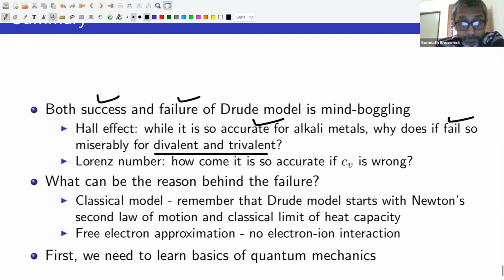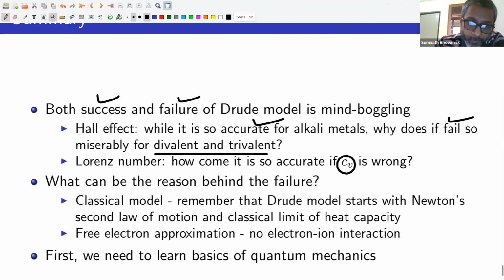The Lorenz number prediction of the Drude model is very close to what is observed experimentally. However, the experimentally observed C_V is off by a factor of 100. So how come the Lorenz number is so accurate if C_V is wrong? In this course, we will try to see what additionally we need to do to overcome these difficulties.